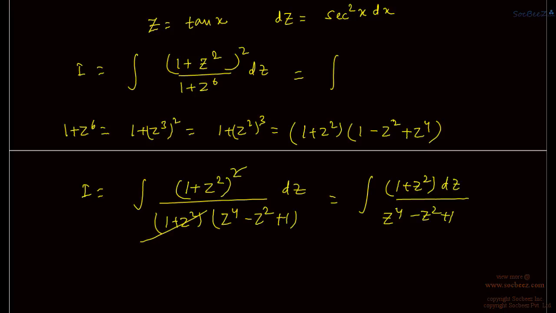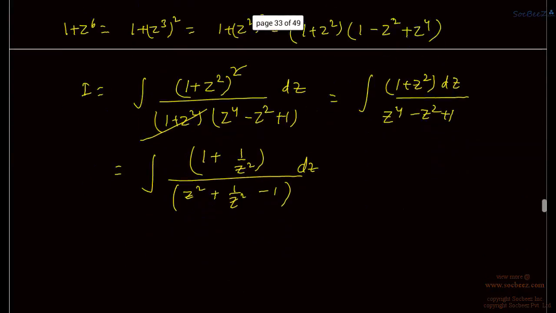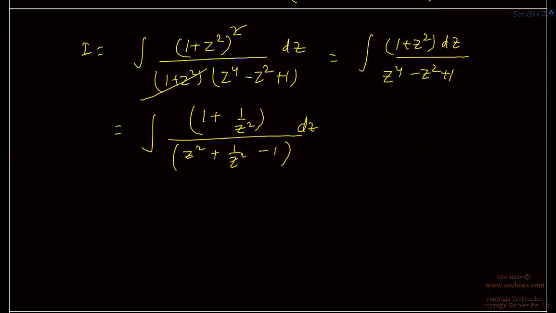Okay. So now taking z square as common from both numerator and denominator, we have 1 plus 1 by z square, and if we take common from denominator, then we have z square plus 1 upon z square minus 1, right, dz. So again, if we substitute z minus 1 by z as t, then we will be getting dt as 1 plus 1 upon z square.